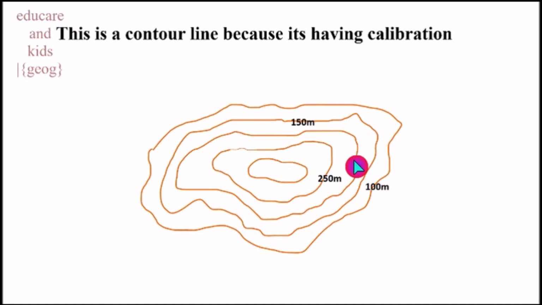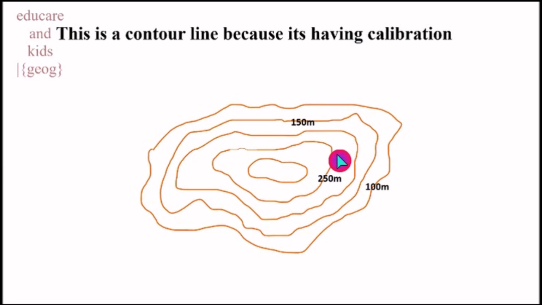The third contour, although it does not have a number, since the first one is 100 meters and the second one is 150 meters, definitely the third contour will be 200 meters, then followed by 250 meters.